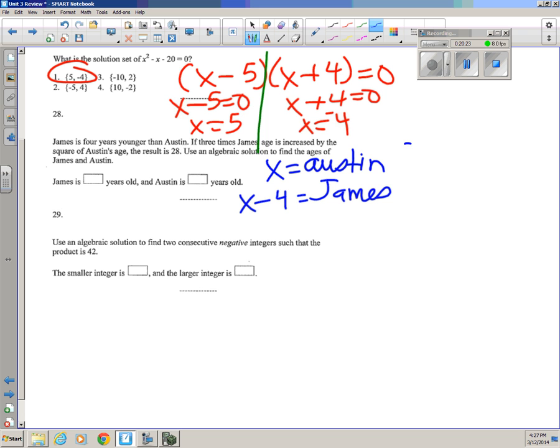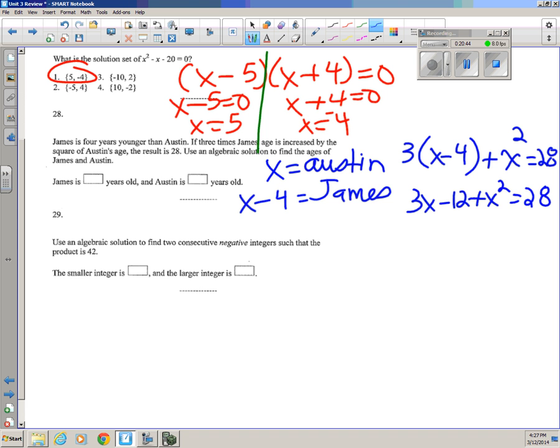3 times James's age, 3 times parentheses x minus 4, is increased by the square of Austin's age, is increased by x squared, the result is 28. Well, let's see. When you distribute through, 3x minus 12 plus x squared equals 28. Remember, well, not remember, but it is a quadratic.